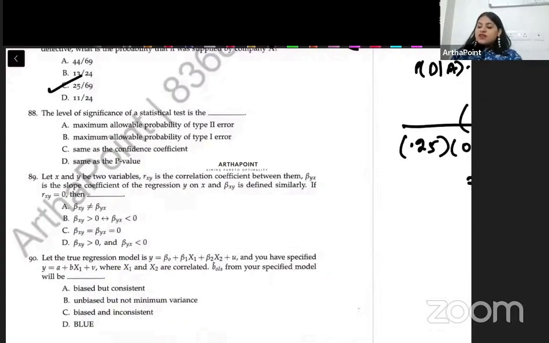The level of significance of a statistical test is basically the maximum allowable probability of type 1 error. So that should be answer B. So basically, the maximum probability of type 1 error is 5%.